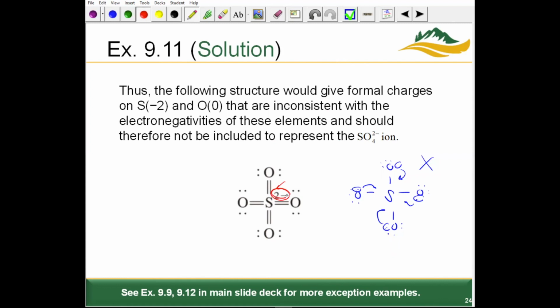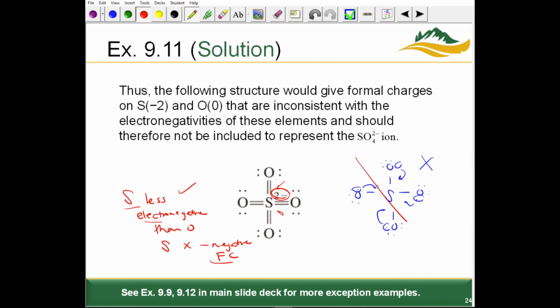We don't want a negative formal charge on sulfur because sulfur is less electronegative. Sulfur is less electronegative than oxygen. That means that sulfur does not want the negative formal charge. You don't want to put a negative formal charge on the atom that is less electronegative.